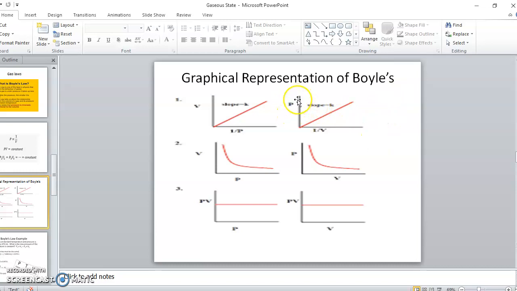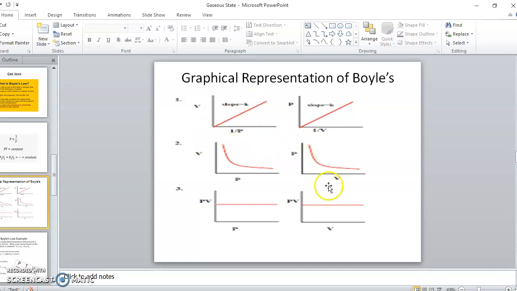Instead of Y you have pressure, and instead of X you have 1 by V. It's a straight line graph with a positive slope equal to K. Similarly, V against 1 by P also is a straight line with a slope equal to K.